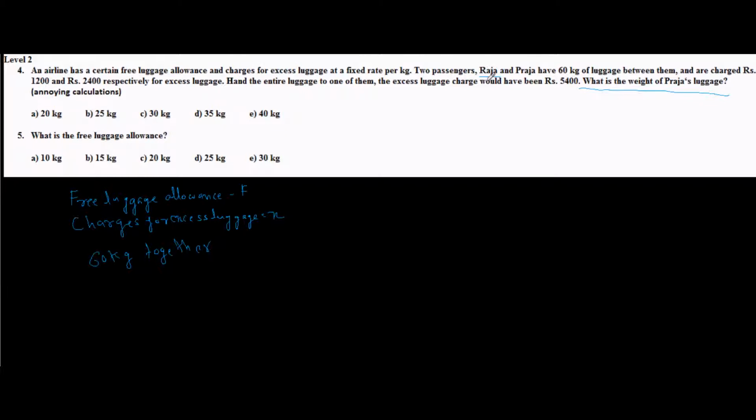That is, Raja is charged rupees 1200 and Praja is charged rupees 2400. That means Praja has more luggage since Praja is charged more. That means if they have 60 kg together, Praja has more than half of it.